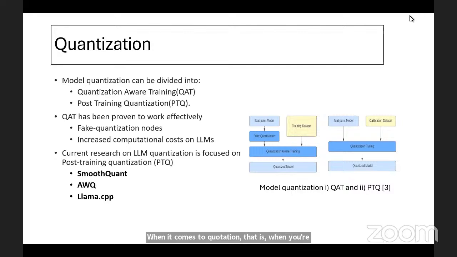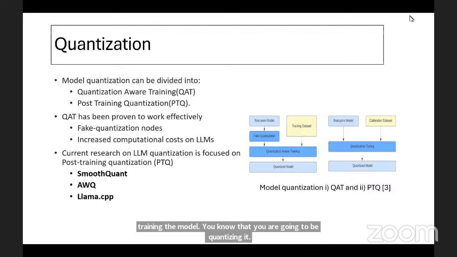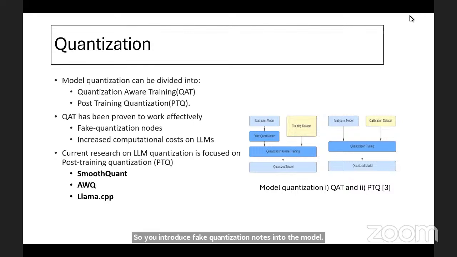So you introduce fake quantization nodes into the model. That is essentially allowing the model to learn to adapt to this quantization noise and the error that comes with it. While it's popular and seems to work in most cases, it is very compute intense, and it adds a lot of compute cost.